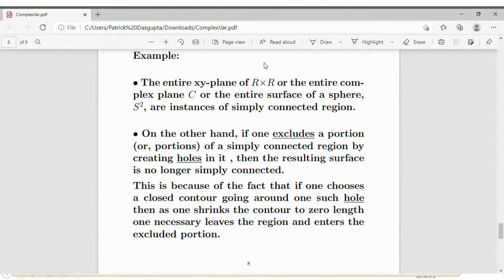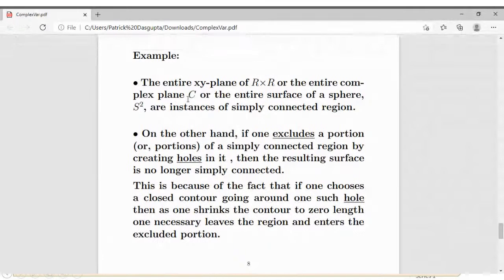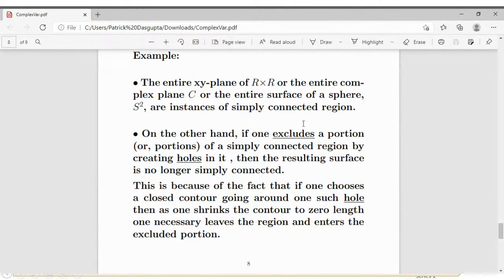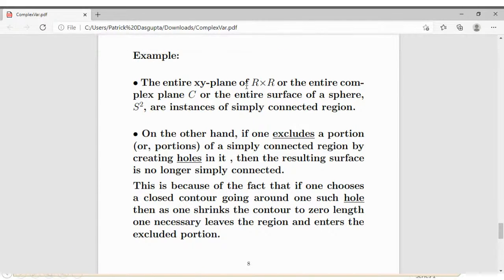Similarly, if you take the entire complex plane C, then of course any closed curve anywhere can be shrunk continuously to a point. Similarly, if you take the surface of the solid sphere and include all the points of the surface of a solid sphere, any closed contour you can shrink continuously to points.